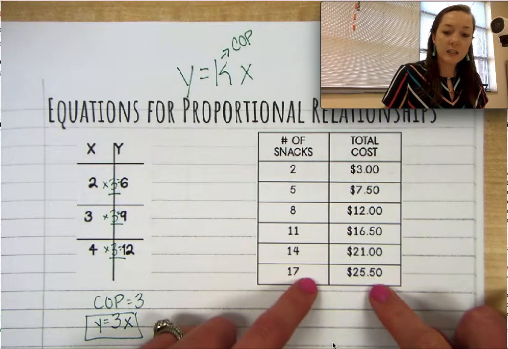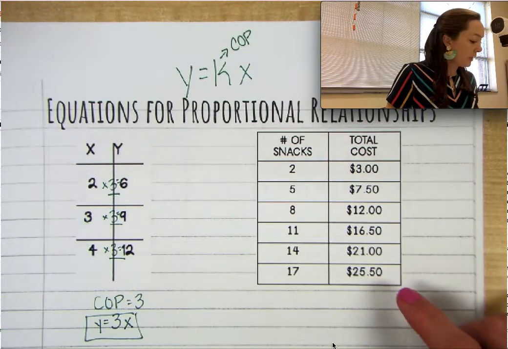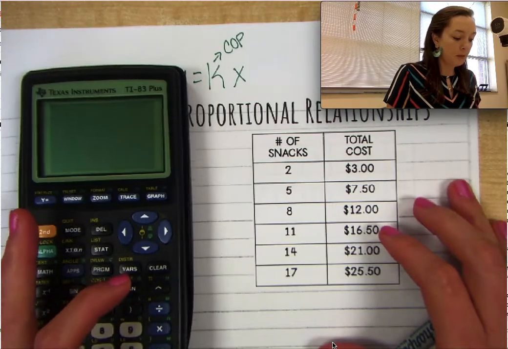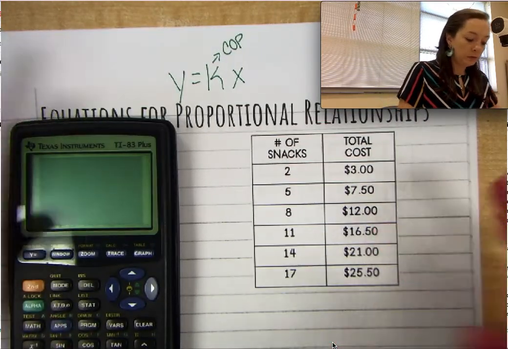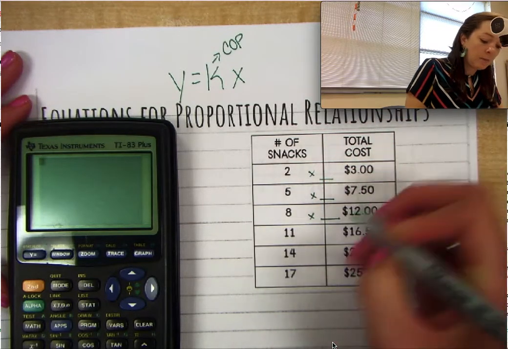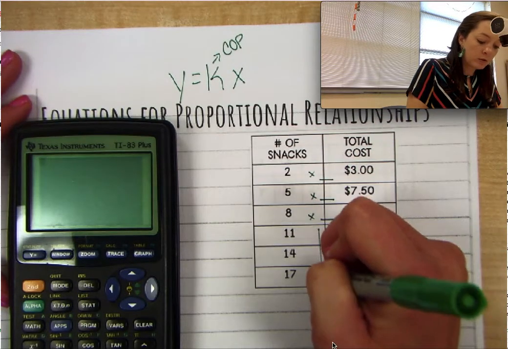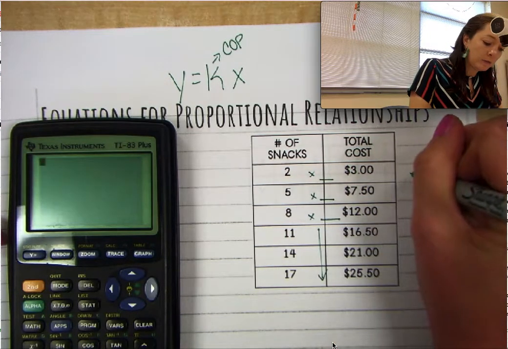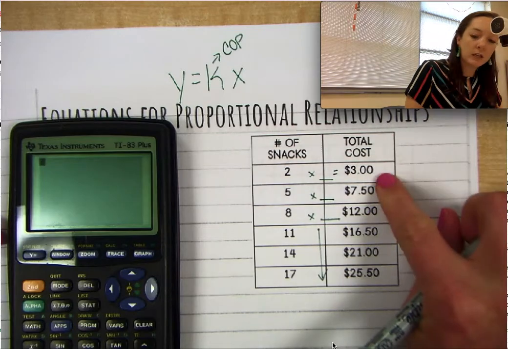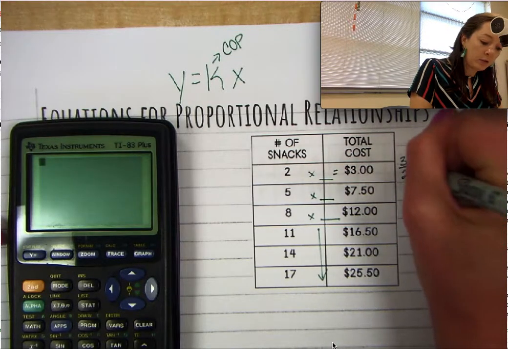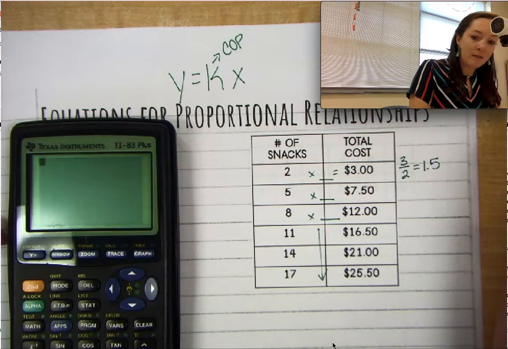For this second table, we're going to use our calculator because we're talking about money, so it's okay to use a calculator for that. I want to know what my COP is. And I'm only going to do 3 of these, but just know it's a proportional table, so it's going to be the same. 2 times something gives me 3. Well, I can use the inverse operation here. I can do 3 divided by 2, and I get 1.5.